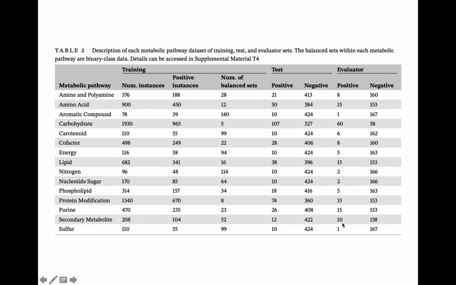In table 2, you will find the metabolic pathways chosen at the end of the whole process, the number of instances, positive instances, the number of data sets, and so on.